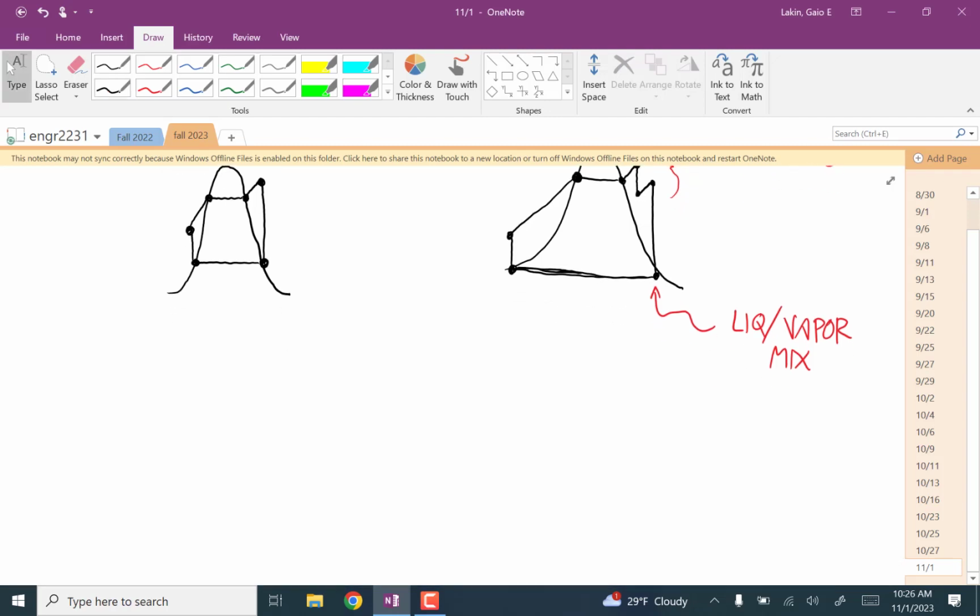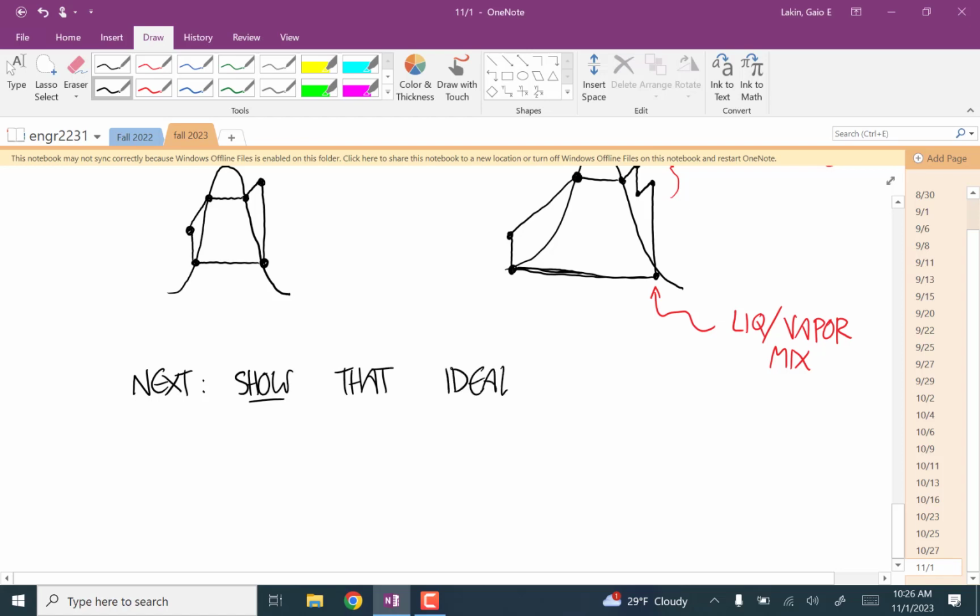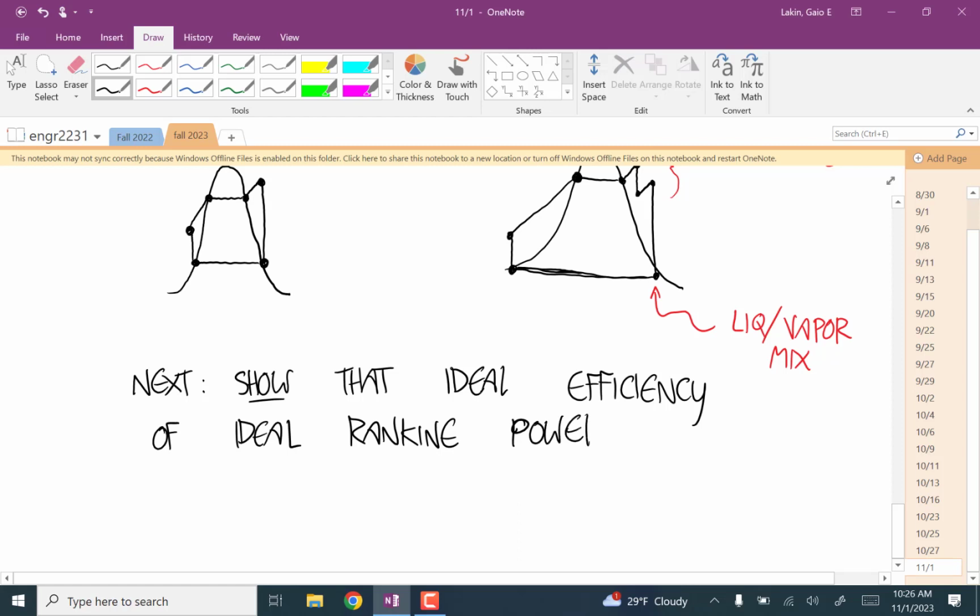So the next thing I want to do is show that the ideal efficiency of the ideal Rankine power cycle is 1 minus the temperature at the cold reservoir divided by the temperature at the hot reservoir.